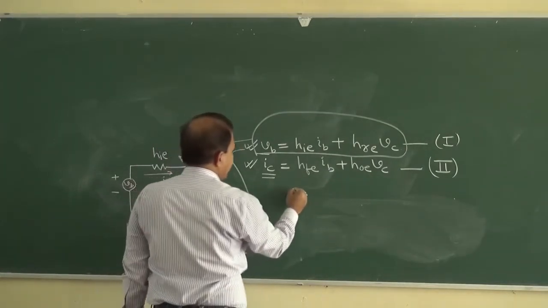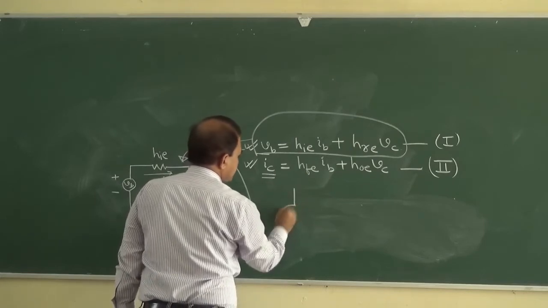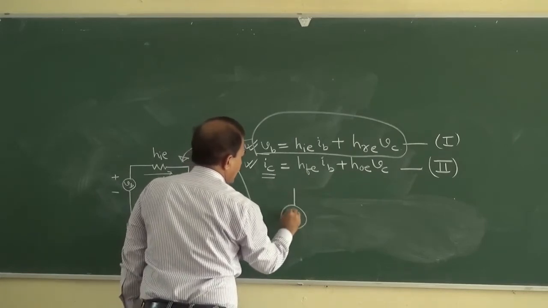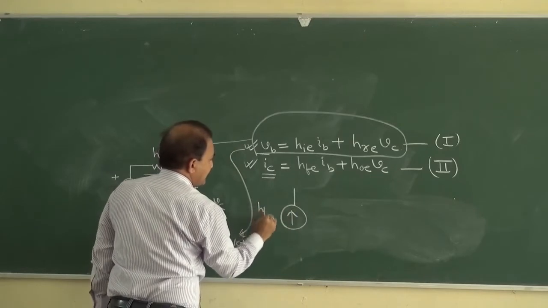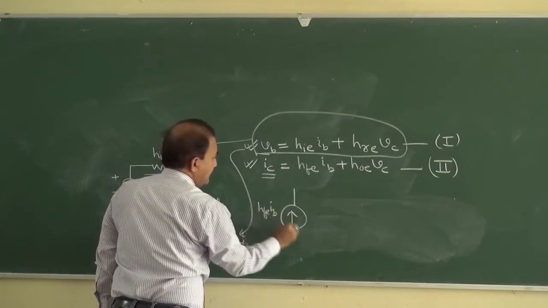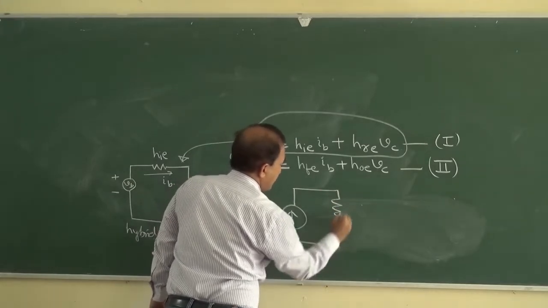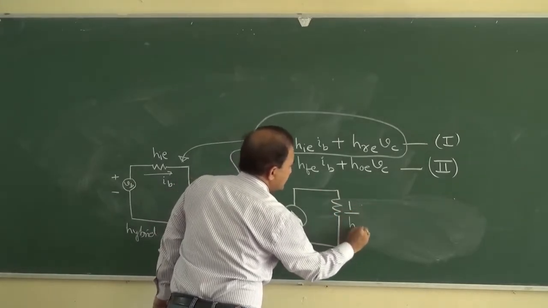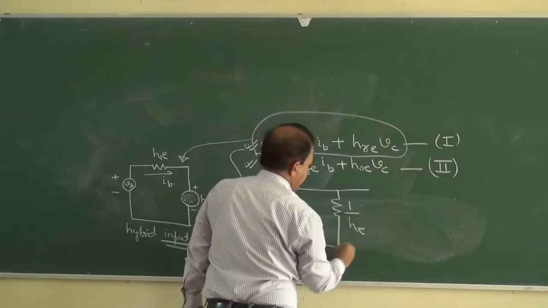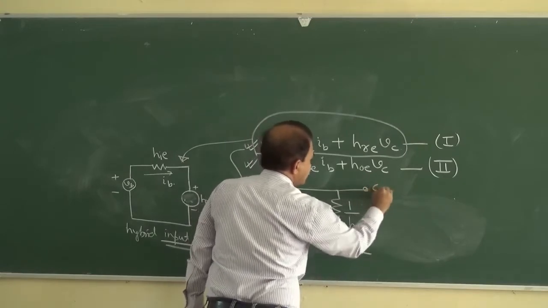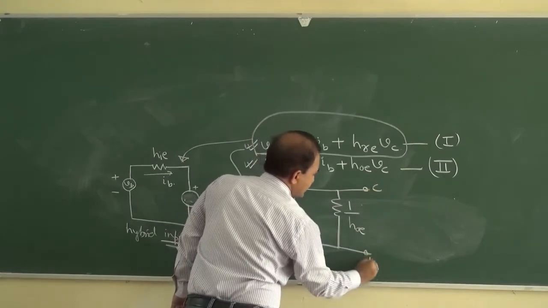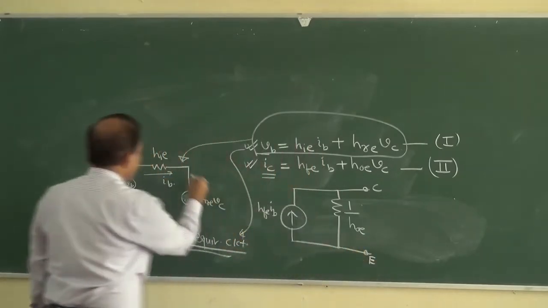By using a circuit, it is HFE into IB, and 1 by HOE. Okay, this is the collector terminal and this is the emitter terminal.